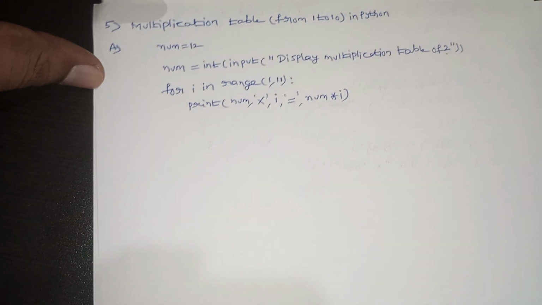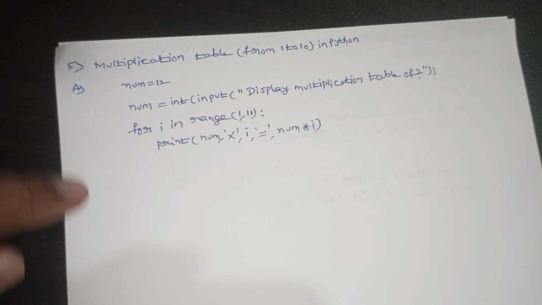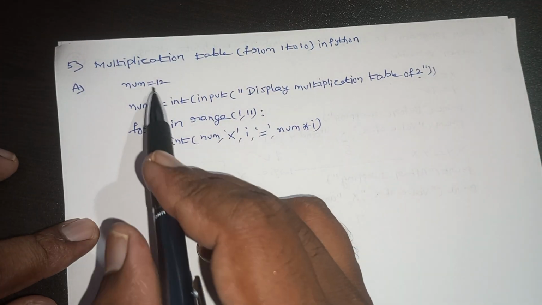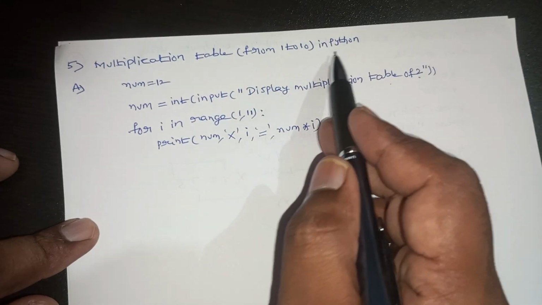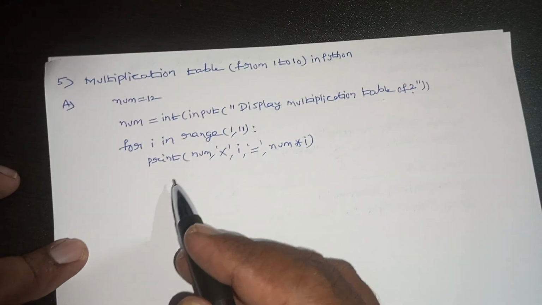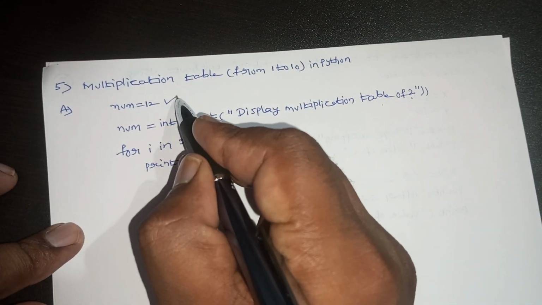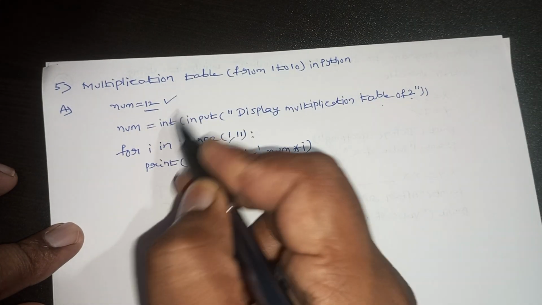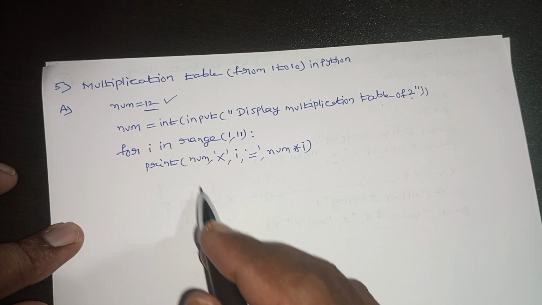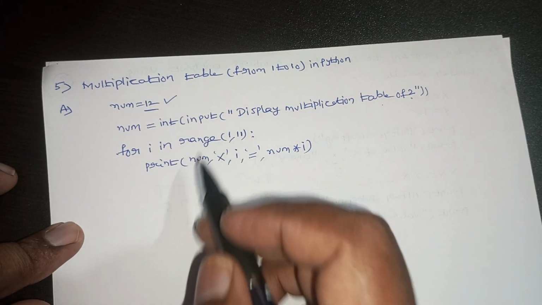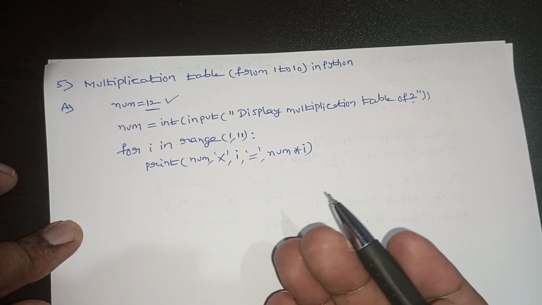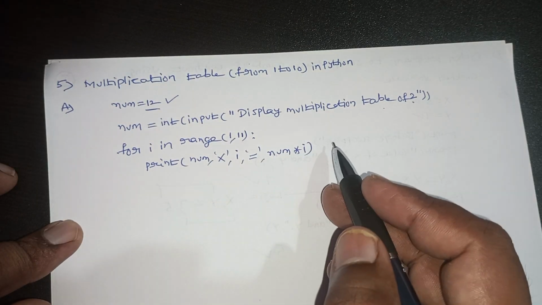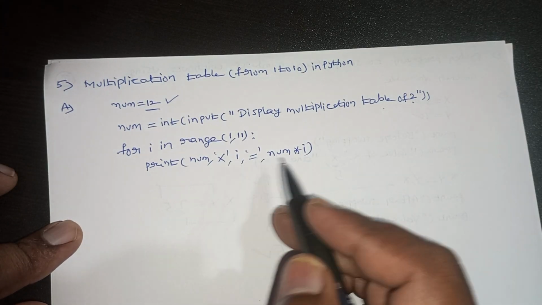Now coming to the multiplication table. Here I am taking the multiplication table from 1 to 10 in Python. Already I told you num is a variable of type integer, because it is an integer variable. Now I am finding the multiplication table, which means 12 into 1 is 12, 12 into 2 is 24, 12 into 3 is 36, like that.